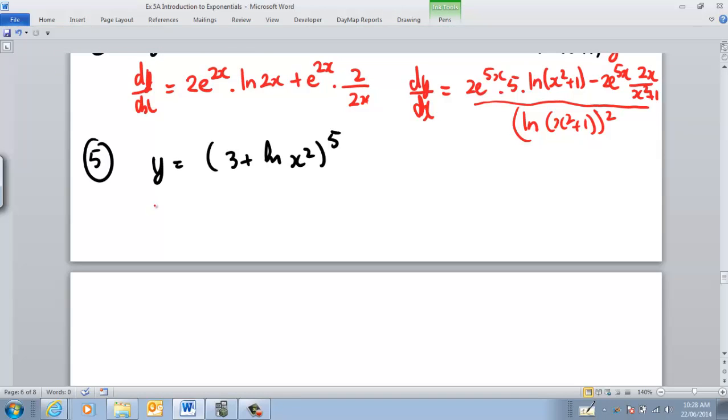So dy/dx is equal to 5 times ln of x squared to the 4, and then I simply times that by the derivative of ln of x squared, which is x squared on the bottom line and 2x on the top line. So it is as simple as that.